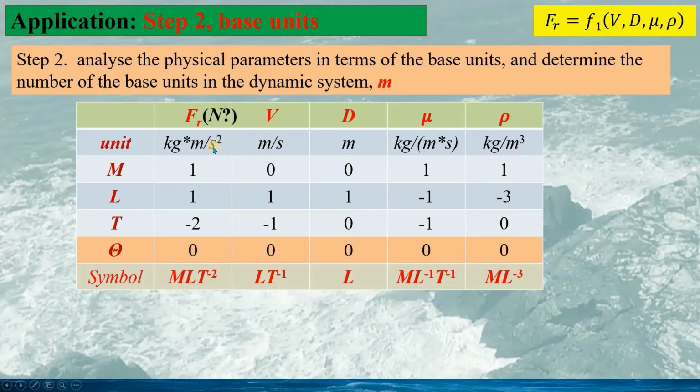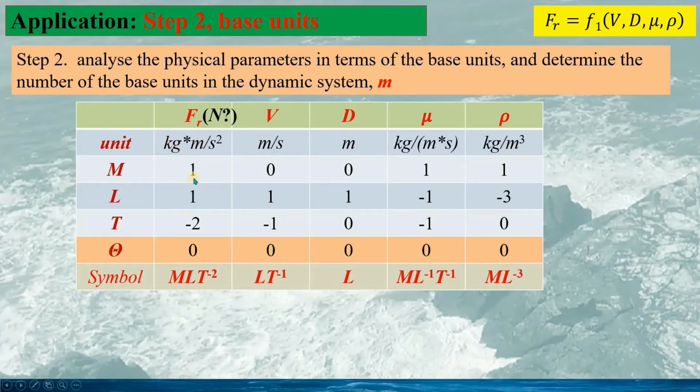One thing here should be noted. For the force, we have the unit Newton, but in fact Newton is a derived unit. The formal unit for force would be given as kg meters per second squared. So based on the unit, we can see the base units here: the mass, capital M, the length, capital L, the time, capital T, and the temperature, capital theta.